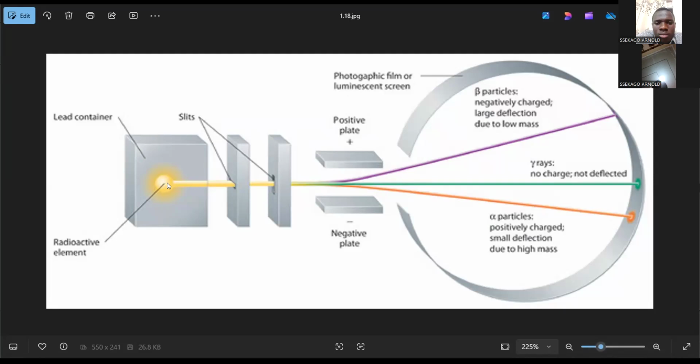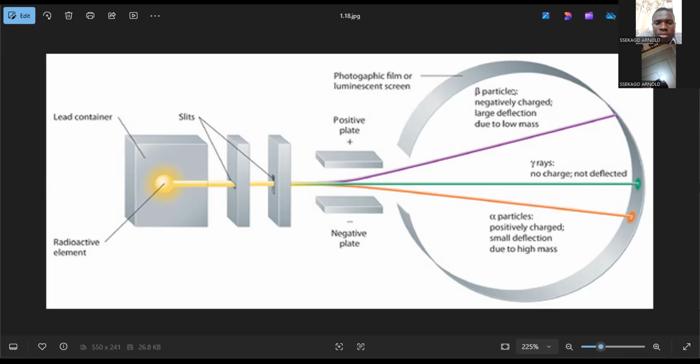If it undergoes the decay process, you are seeing these colors. Girls are the ones who know colors very well; I don't know which color this is, but the color my pointer is on is the one deflected towards the positive plate. So this shows beta. This is the symbol of beta.